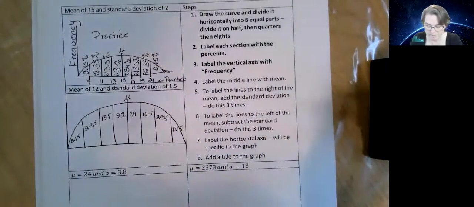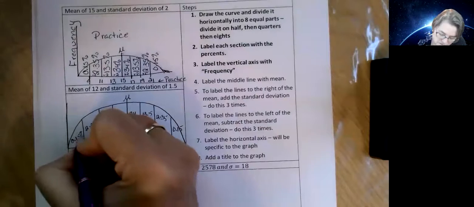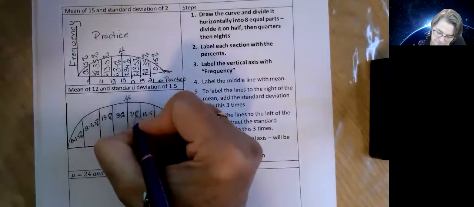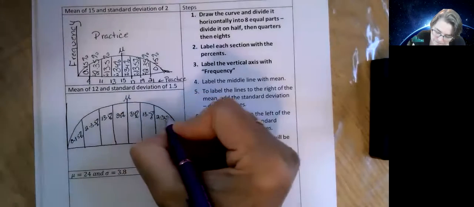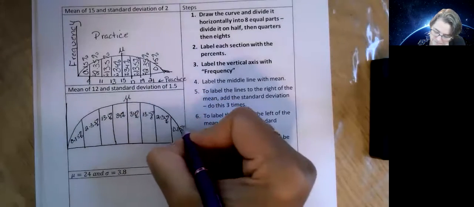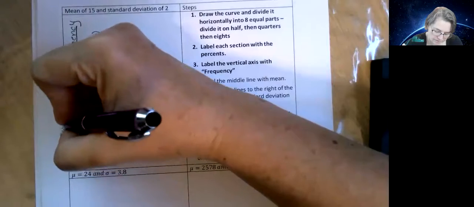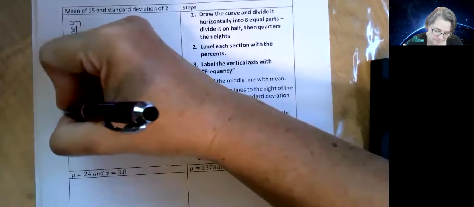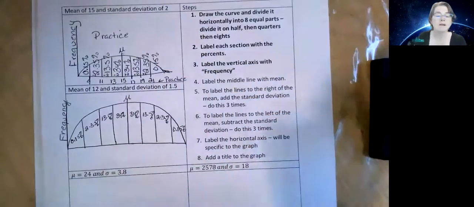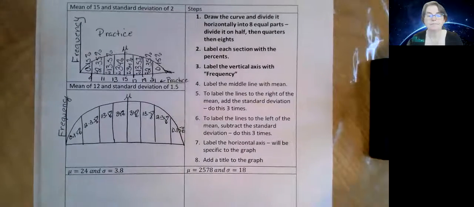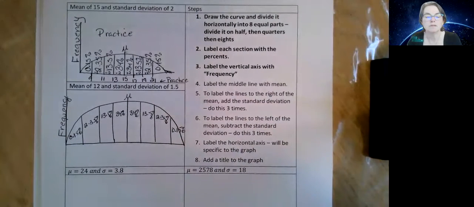I should put percents on all those. It's going to get messy, but that's okay. And we rate frequency. Cool. Might be clever to do this in pencil too, because this just looks messy.